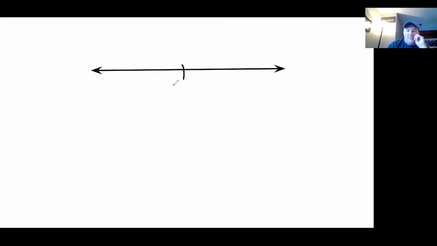All right. So we're going to go with 1 plus negative 4. So if we start at 1, nope, get rid of the text.